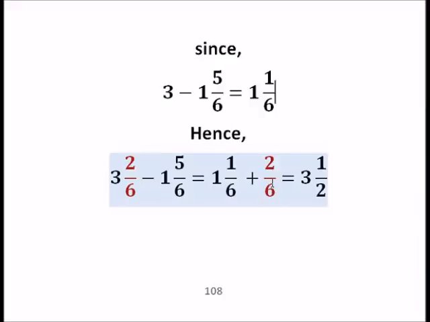Let's see if I can fix this error. 1 and 1/6 plus 2/6. It looks like the answer should be 1 and 3/6, right? 1 and 1/6 and 2/6, 1 and 3/6, 1 1/2. My apologies for that error.